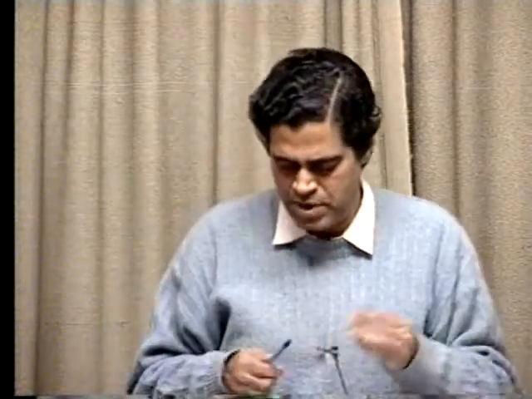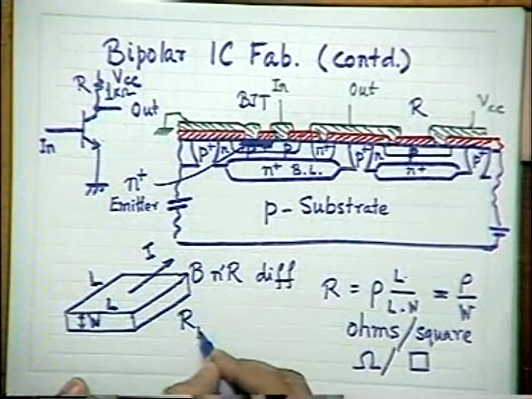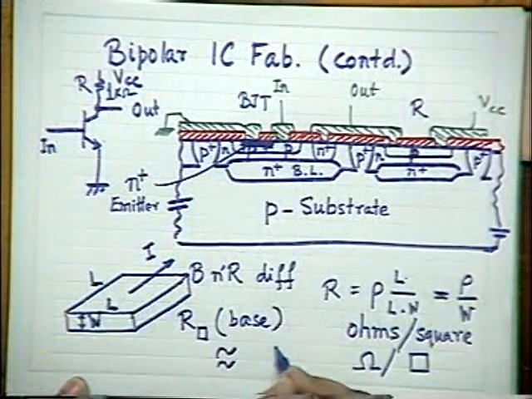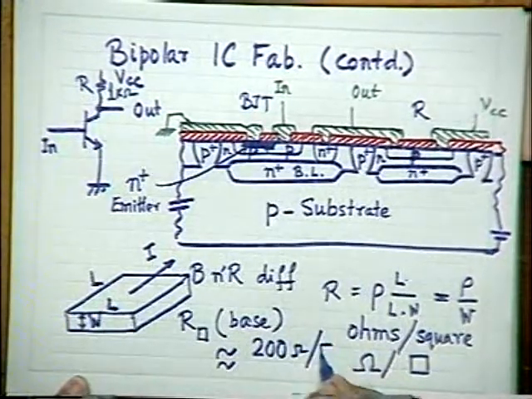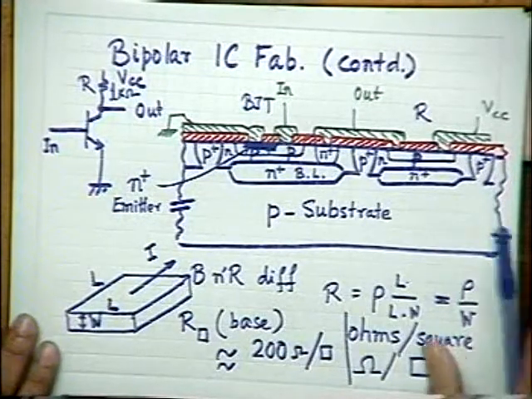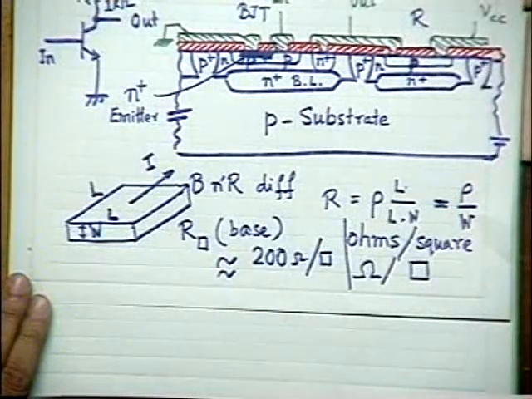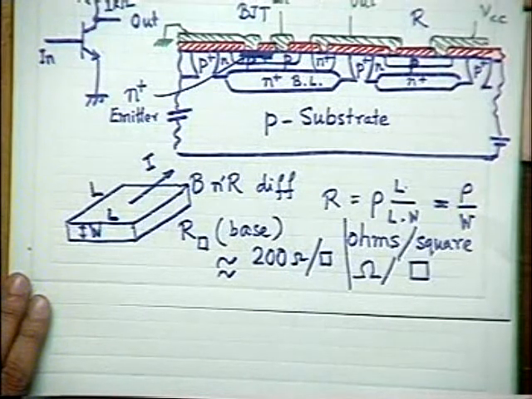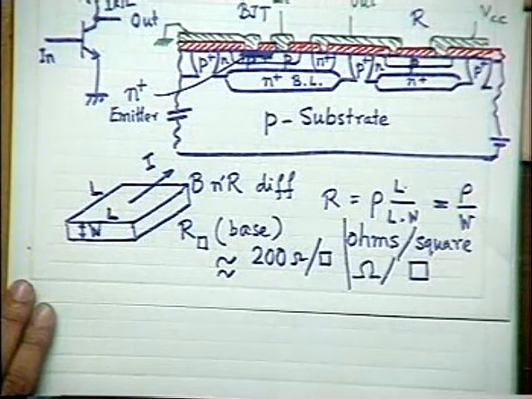And usually the base sheet resistance, R square for base, is around, say, 200 ohm per square. Typically. You see that this base sheet resistance is typically around 200 ohms per square. It may be 500, 100, but typical design, it is 200 ohms per square.